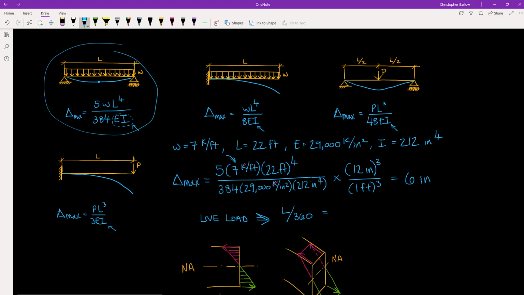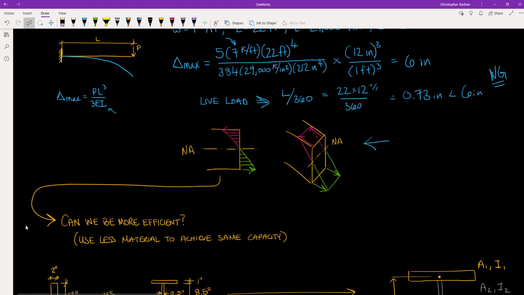And so we would have a deflection limit of 0.73 inches. So our maximum deflection here exceeds our limit, and this design would be no good. We would need a deeper beam with a larger moment of inertia here in order to control this deflection.